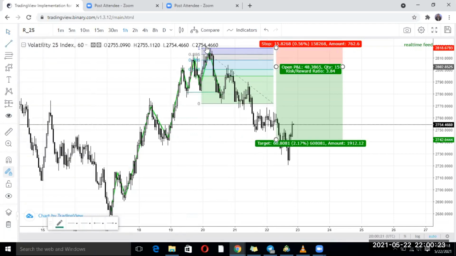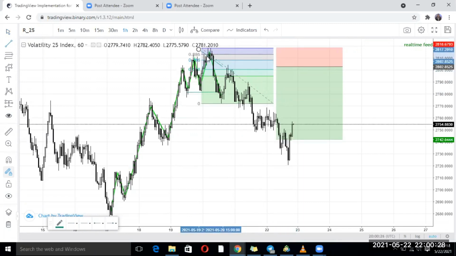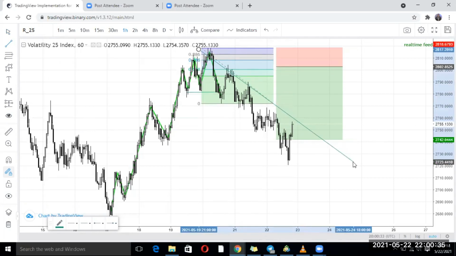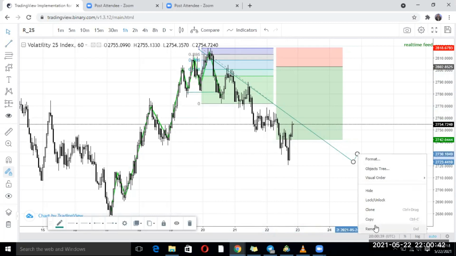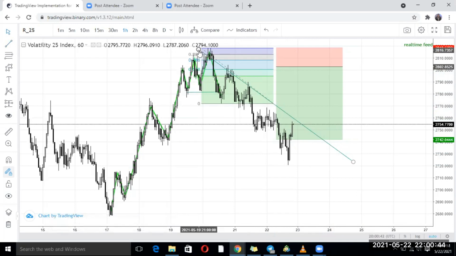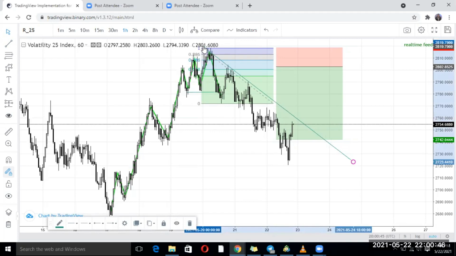I think for you guys, I would want to put an eye on this trade.